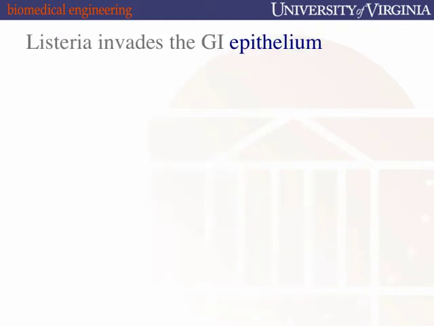All right, so Listeria invades the GI epithelium. Anyone want to remind us what an epithelium is, as I've defined it? Yeah, so it's a cell barrier. So just be careful about the scaling, right? We're going to learn how to be very precise. So yes, they have a membrane that faces the outside, but when we talk about an epithelium, we're talking about the actual sheet of cells, not just their membrane, but the actual cells themselves.